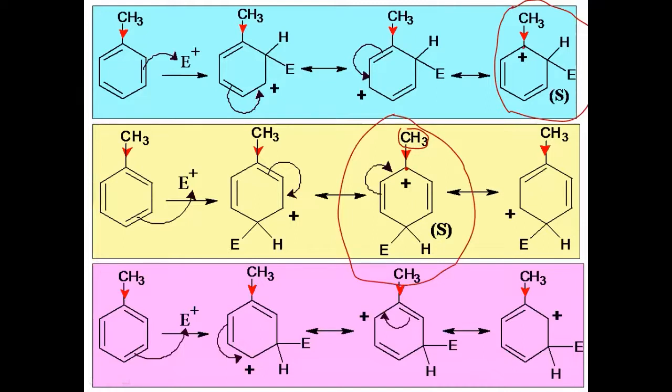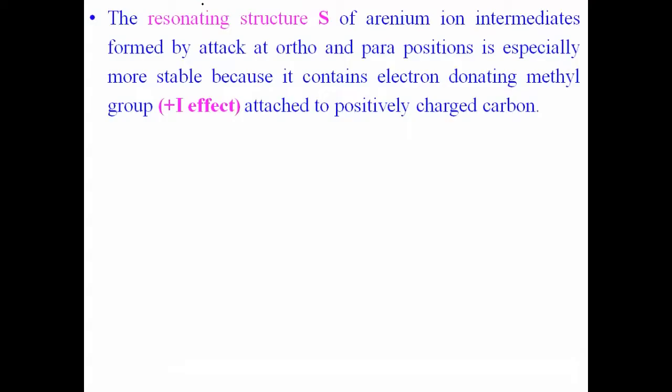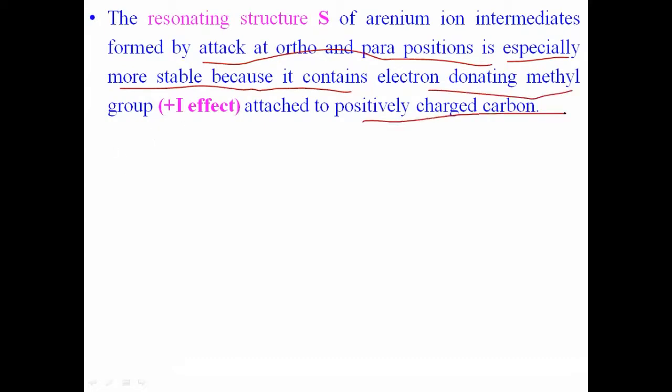But that additionally stable Arenium ion, that additionally stable resonating structure is not possible for meta attack. And the resonating structure of the Arenium ion intermediate formed by attack at ortho and para position has especially more stability, means it has additional stability, because electron donating group is attached to the positively charged carbon.